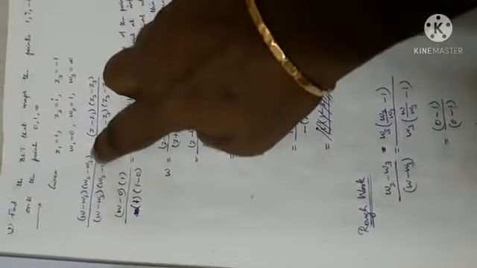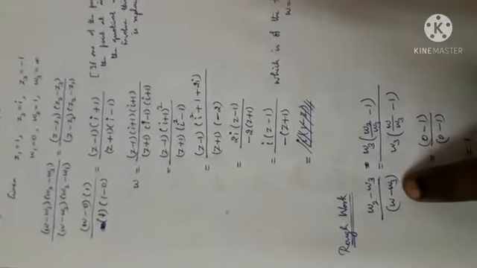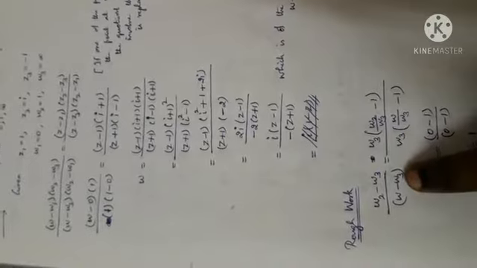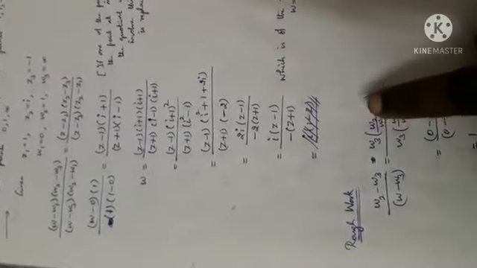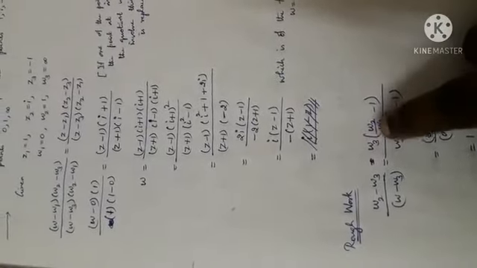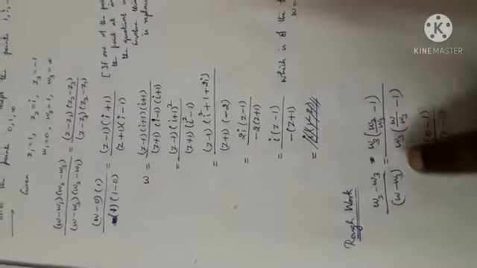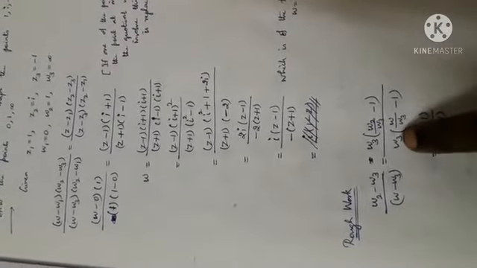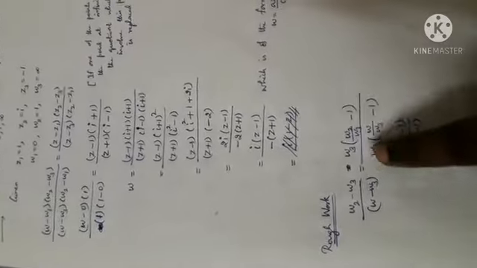The reason is here. Take this W2 minus W3 by W minus W3. To substitute infinity, what do we do? We can substitute infinity in the denominator, so that any term divided by infinity will become 0. So in order to substitute infinity, let us take W3 common in the denominator. Now W3 gets cancelled.